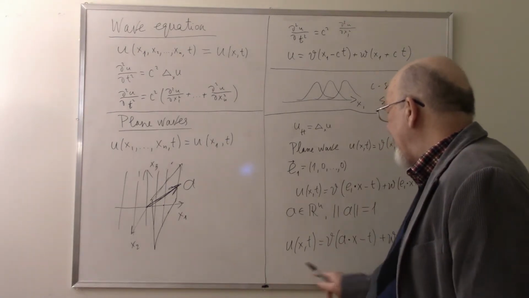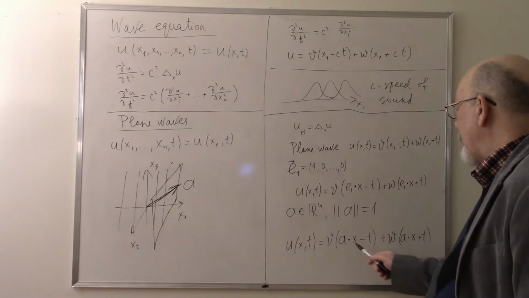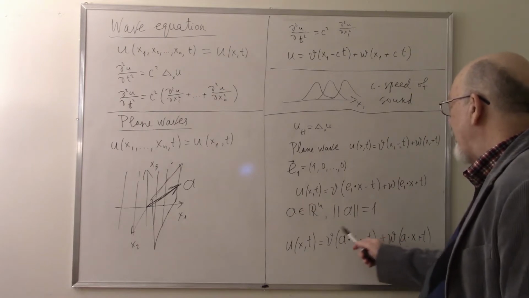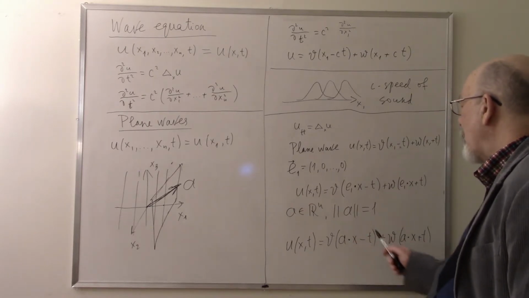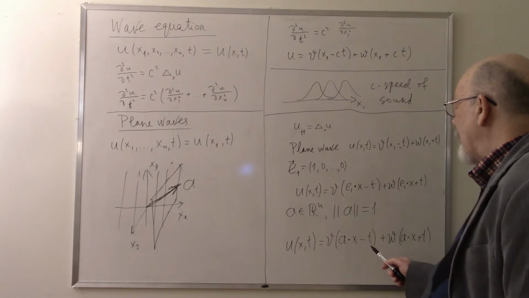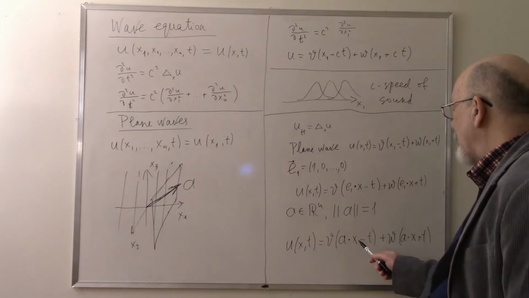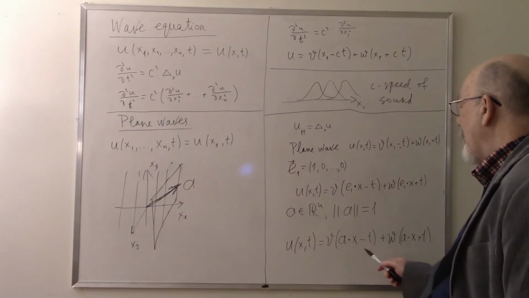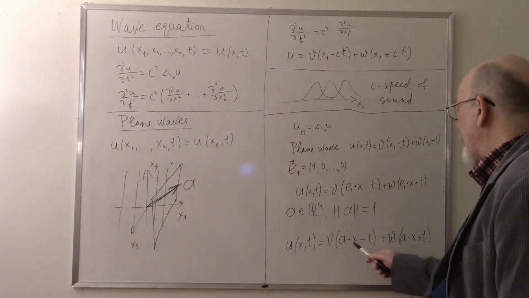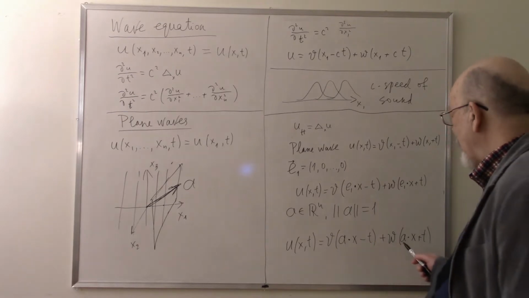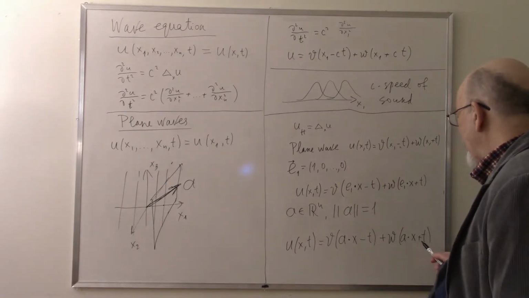No, we can take, in fact, any, say, this term. Because if you want to have this, we take minus a, and that will be w minus a minus t is w a x plus t.